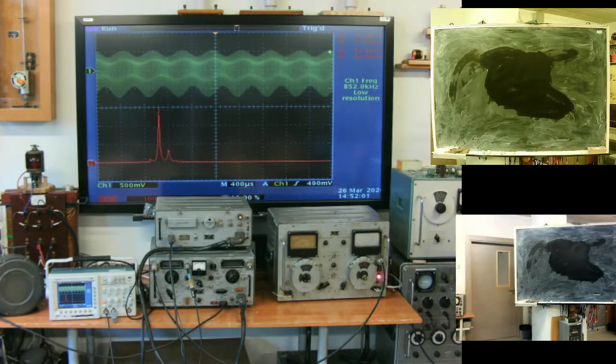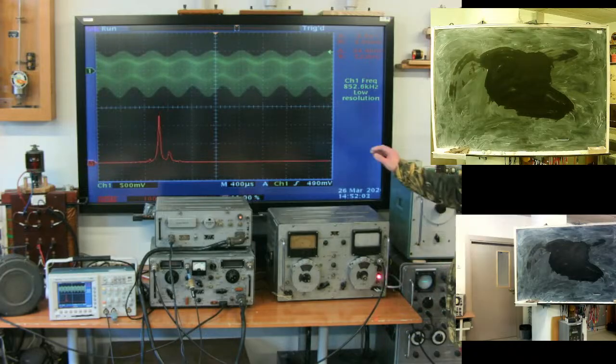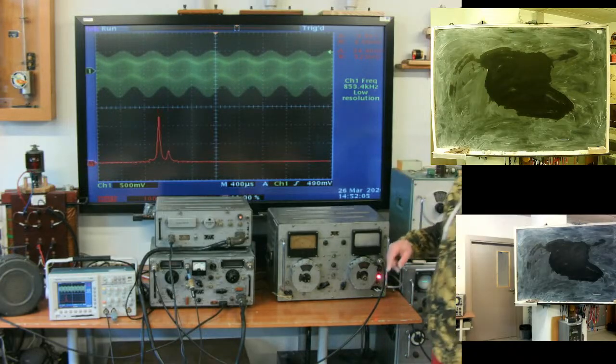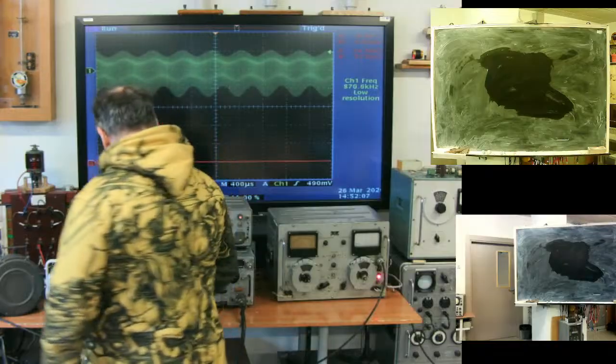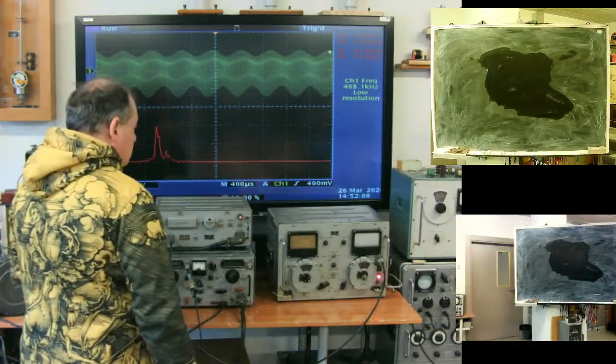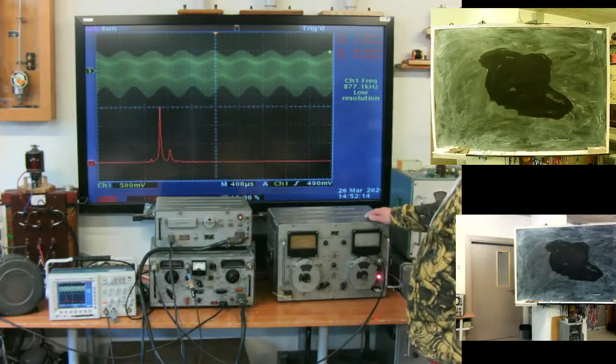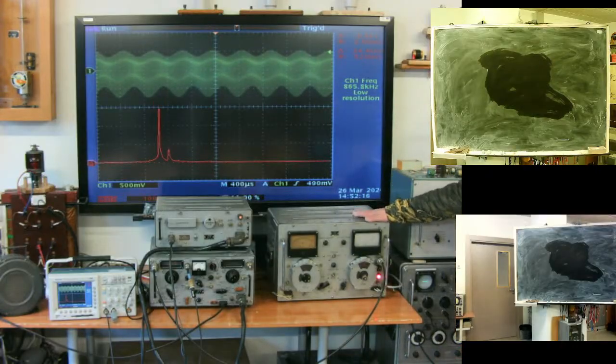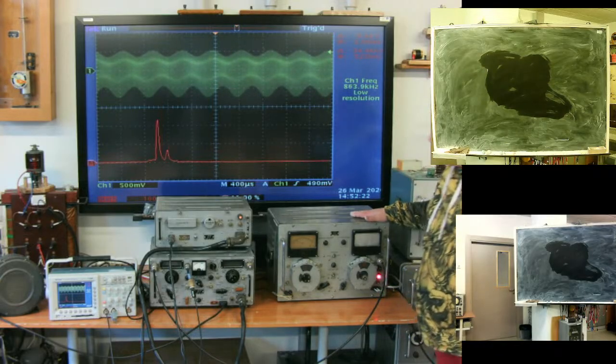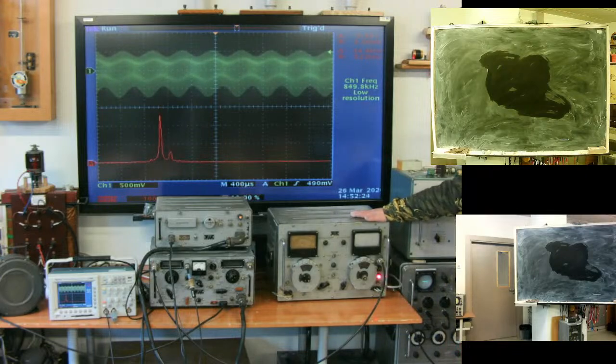It's a single tone, simple harmonic signal. This generator takes its signal and performs at this moment an amplitude modulation of a 32 megahertz harmonic signal.